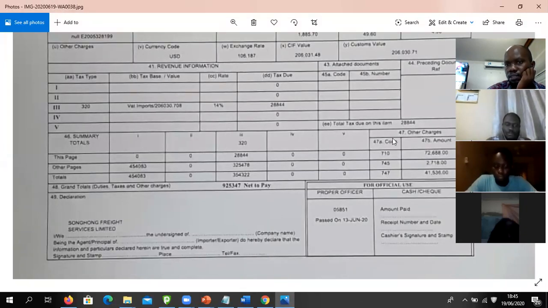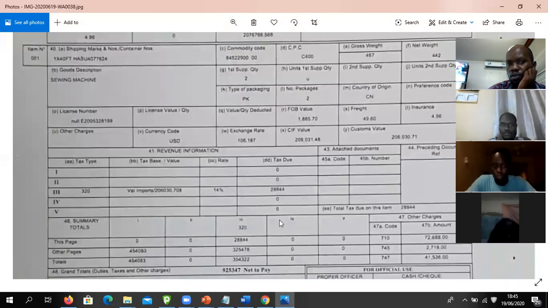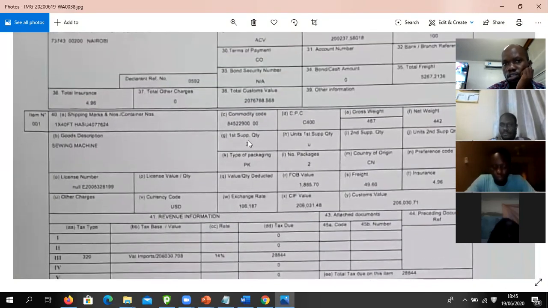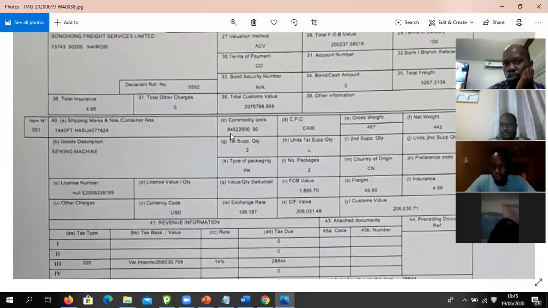So we'll also look at these particular taxes later on and understand what these taxes that are payable are, so you can understand what the rates were. These rates of taxes correspond to the regime code, the commodity code. The commodity code is the HS code of that particular consignment.